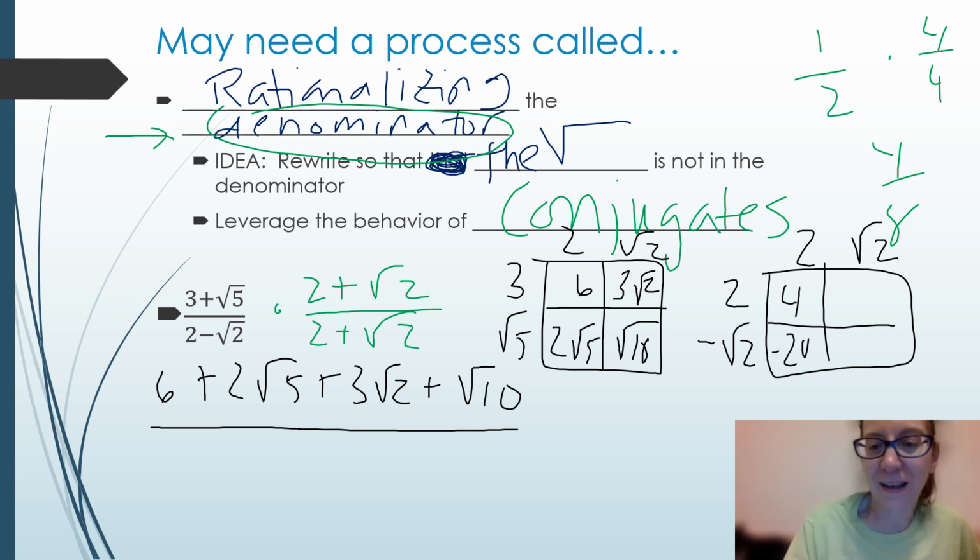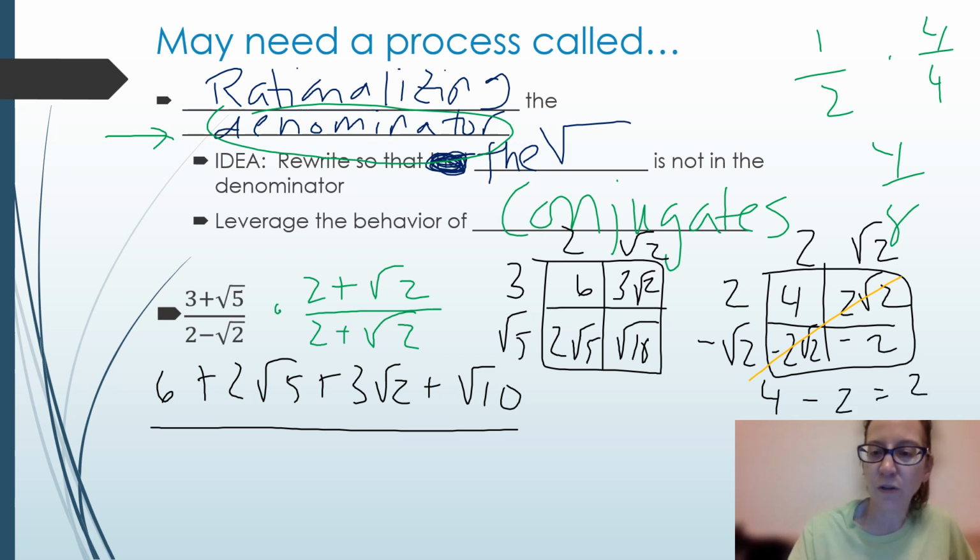So this will be negative 2 root 2, and this will be positive 2 root 2, which we know because they're conjugates, are going to end up canceling each other out. Then we'll have negative the square root of 2 times the square root of 2, which is the square root of 4, and the square root of 4 is 2. And so this ends up being 4 minus 2, which is 2. So my denominator is 2.